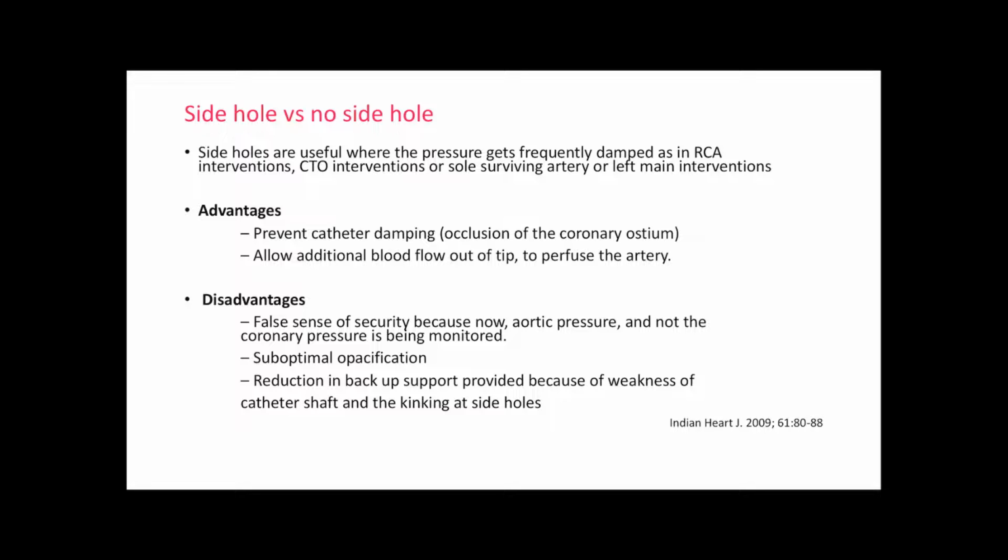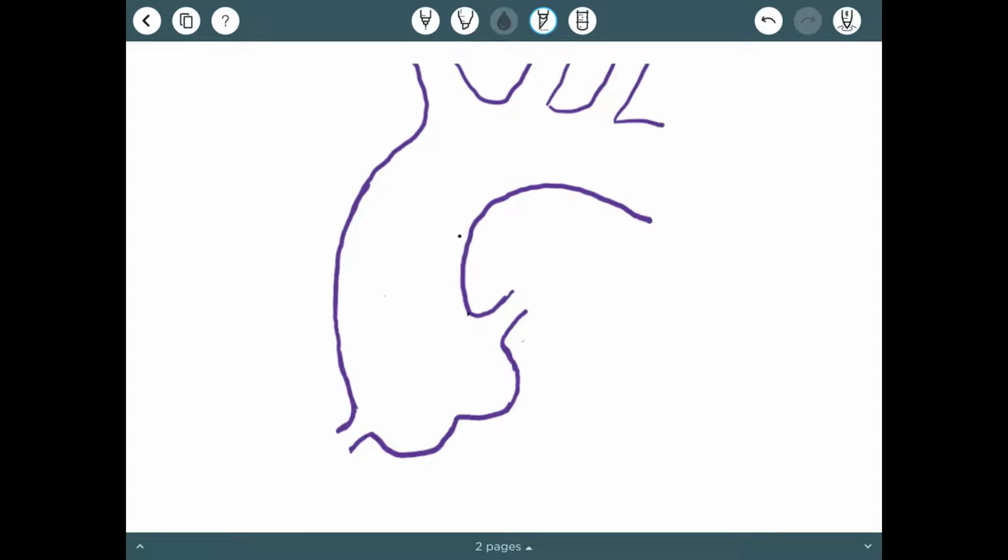Side holes are useful where the pressure gets frequently damped, as in the RCA. The RCA has such an angulation as it arises from the right sinus of Valsalva.